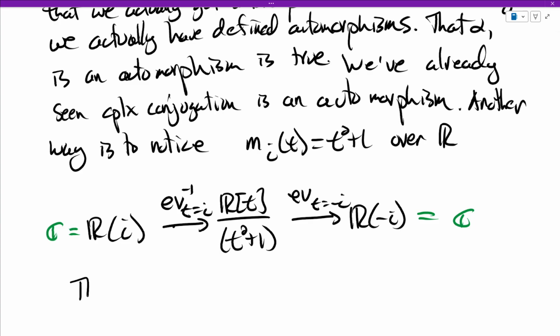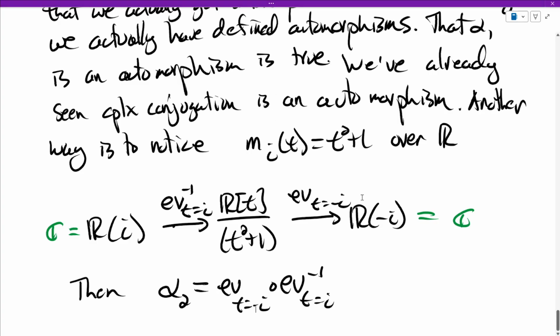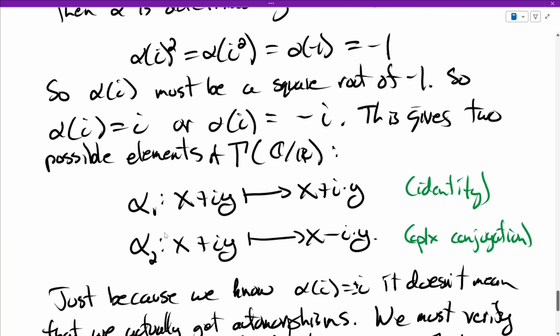And so alpha 2 is first undo evaluating at i, and then evaluate at negative i. The evaluation maps fix R pointwise, and it's pretty simple to see all they do is interchange i with negative i. And that's all that alpha 2 does.